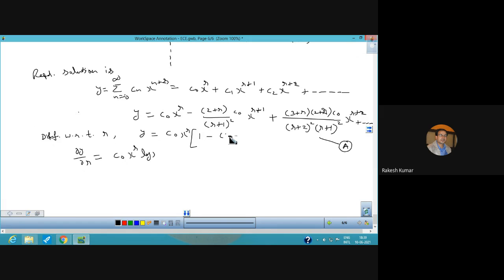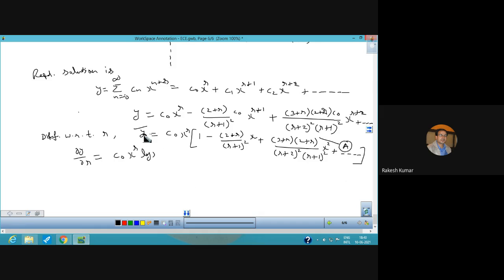So 1 minus (2 plus r) divided by (r plus 1) whole square, into x, plus (3 plus r)(2 plus r) divided by (r plus 2) whole square and into (r plus 1) whole square, and together with it we shall have x square plus so on. Close the bracket.